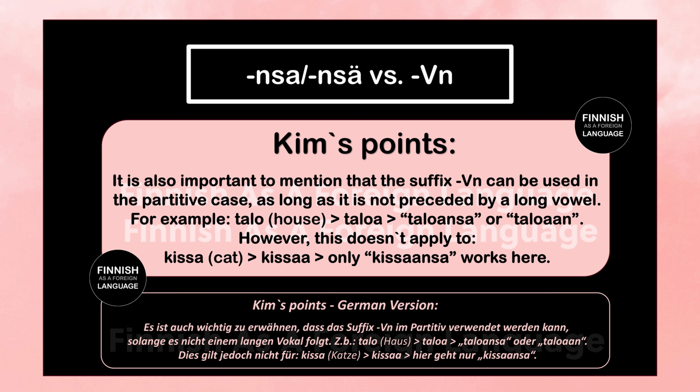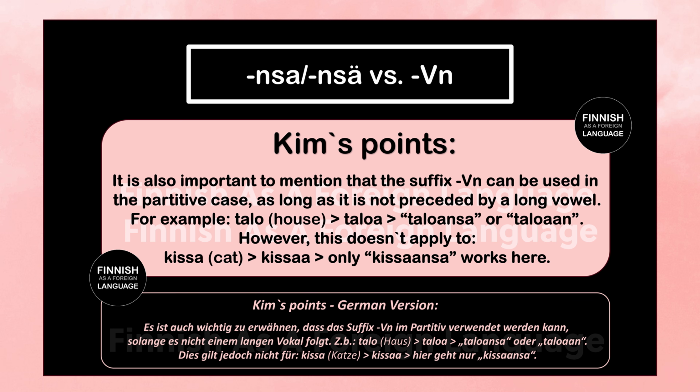A long vowel, by the way, is a vowel that consists of two same vowels. For example, when we take a look at the word talo, which means house, the partitive case of talo is taloa, so that means we can say taloansa or taloan. So the possessive ending ensa for the third person singular can also be replaced with the suffix vowel n.